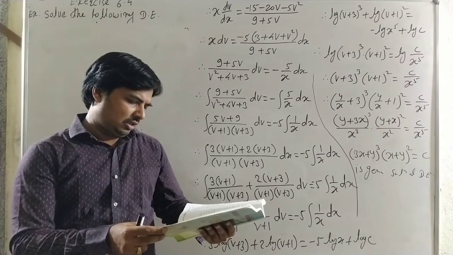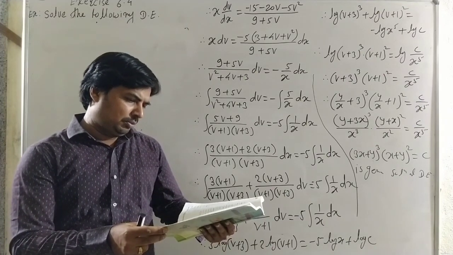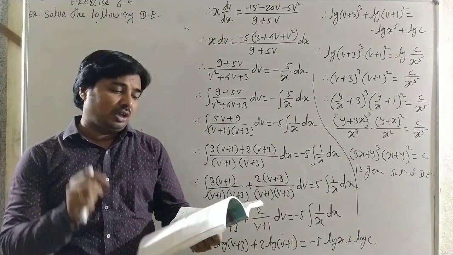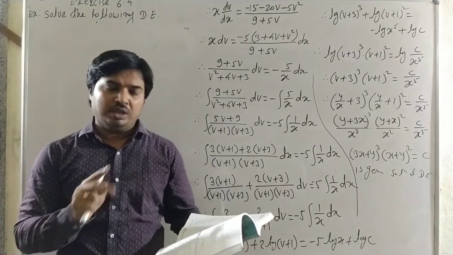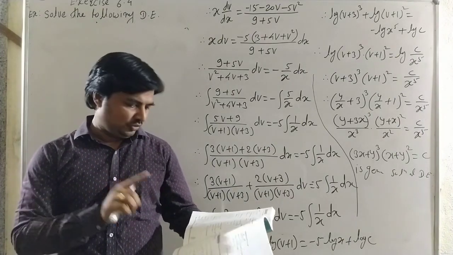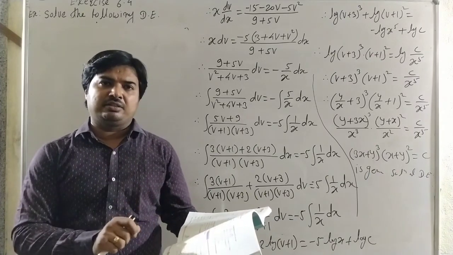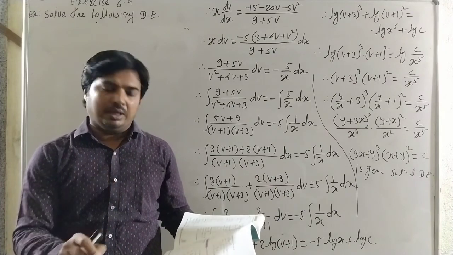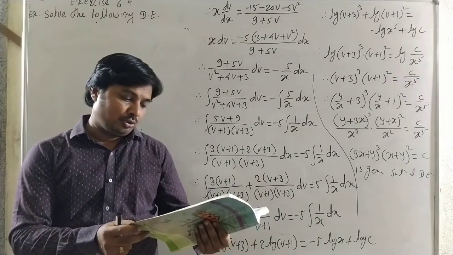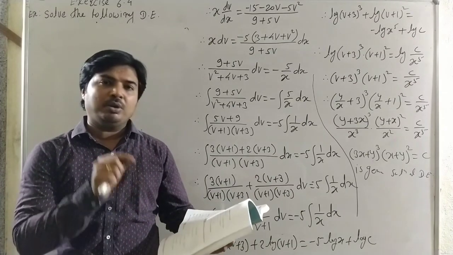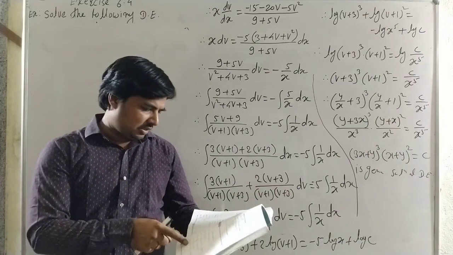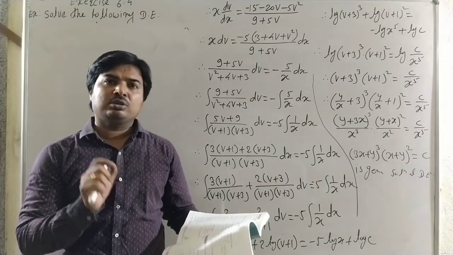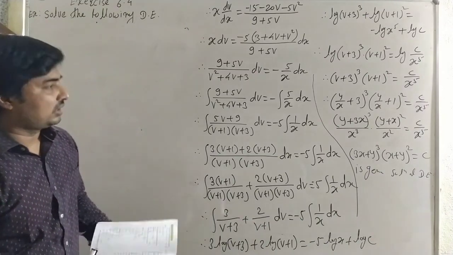Example number 15 is the same as example number 2 in our exercise 6.4, in our lecture number 11. Example number 15 is as it is example number 2 in our lecture number 11, and example number 14 is the same as example number 12 in this lecture. Those two examples are for homework. See carefully this answer.